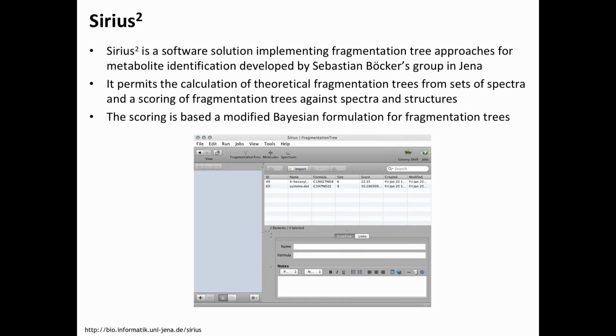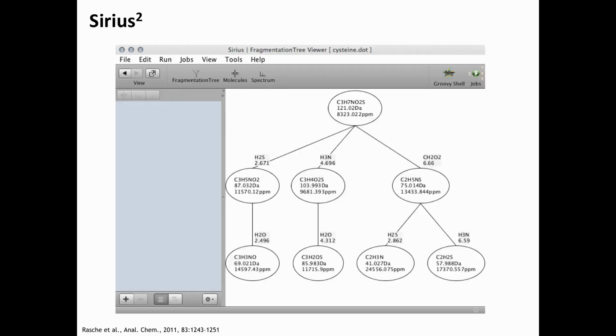And the tool that is doing all of that is Sirius 2, developed by Sebastian Böcker in Jena. It permits the calculation of theoretical fragmentation trees from a set of spectra. It's based on a Bayesian scoring that I can't go into here because we don't have the time. But it gives you a nice overview of all the possible ways in which your composition can then be decomposed.